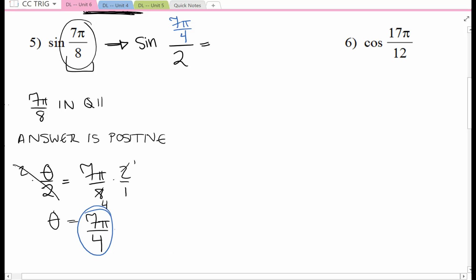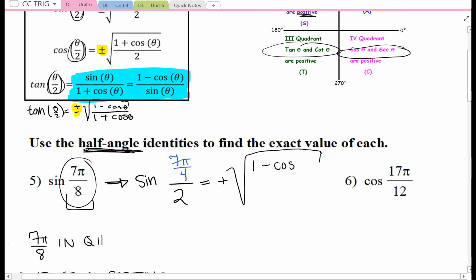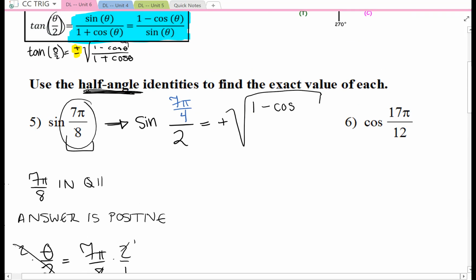Now we're going to plug this into the formula. The formula states that sine of an angle is plus or minus. We already know that it's positive. It is not the negative option. It can only be one of those options, not both. So square root of 1 minus cosine theta. Now theta is not the angle they give you. We had to solve for theta. So theta is twice the angle they give you.